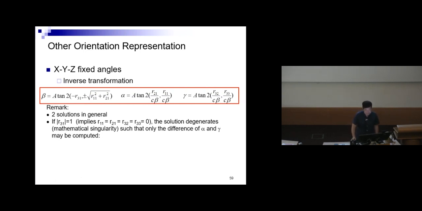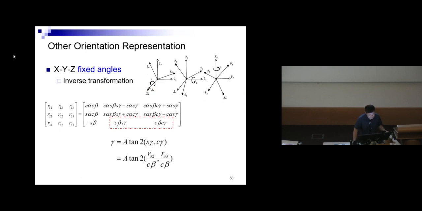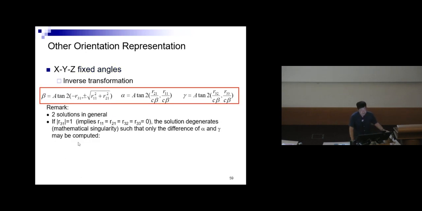If the magnitude of R31 is equal to 1, it will imply R11 equal to R21 equal to R32 equal to R33 is equal to 0.